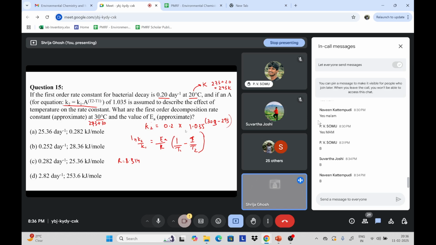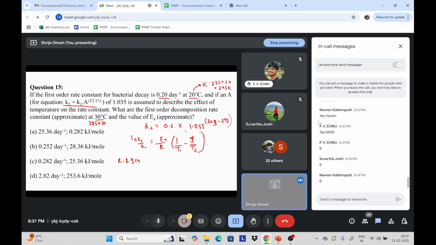This will be 10. So K2 I am getting as 0.282. How all of you are getting 0.252?